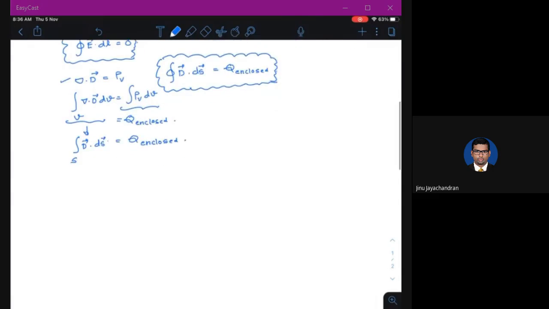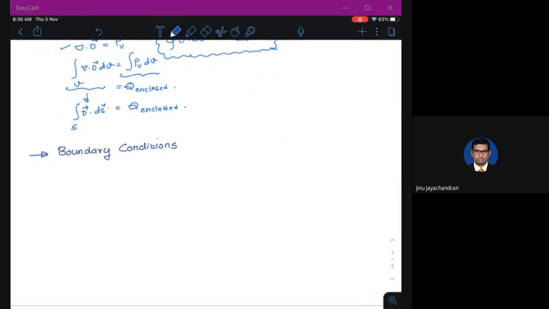Okay, fine. Now let's come to the boundary conditions. Now let's define what a boundary is. Till now, whatever we have seen, we have considered the medium as a single medium.